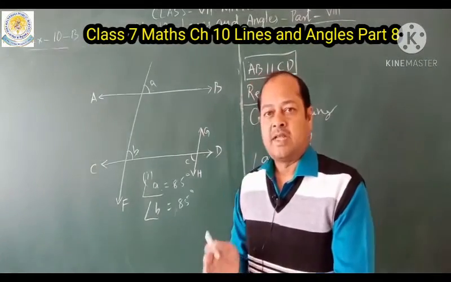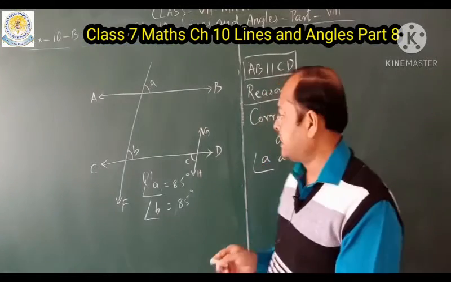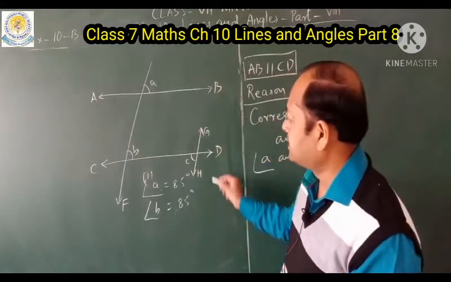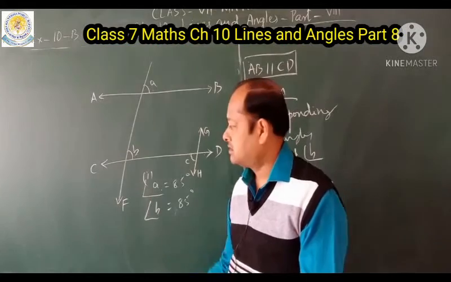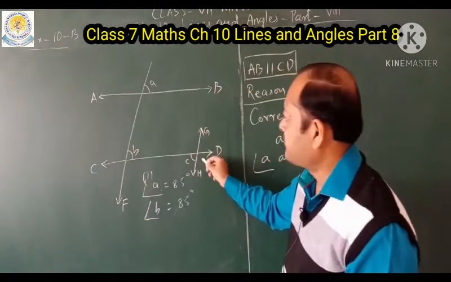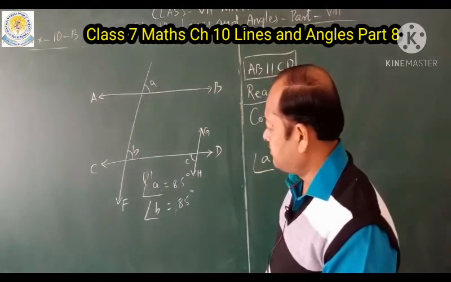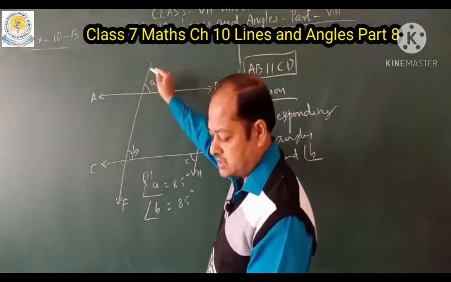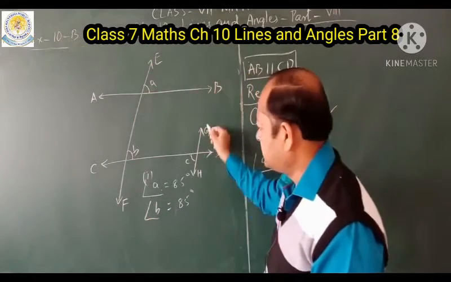Now the next question. It is given that angle B is 89 degrees and angle C is 89 degrees. This is the C angle. If these are the same, what is the reason? The reason is alternate angles, because we have already proved that these lines are parallel, and it is given that EF is parallel to GH. EF is this line and GH is this line.